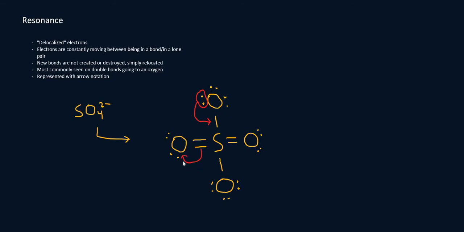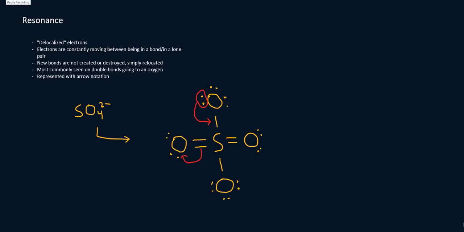This shows this double bond relocating as a lone pair on this oxygen. So we're taking this lone pair on this oxygen and making a new double bond with it, and we're taking this existing double bond and making a lone pair with it. That's the basis of resonance. You're basically just moving electrons around.